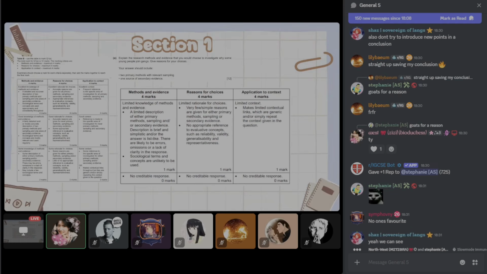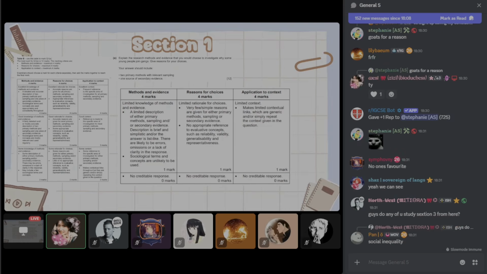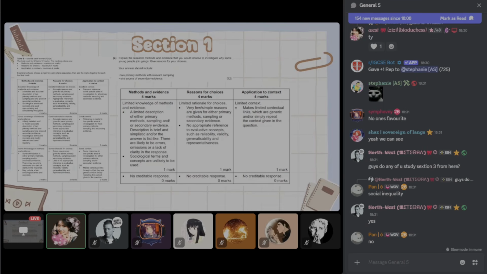If you want to gain full marks, you need to have excellent knowledge of methods and evidence. You need a detailed and accurate description of the primary methods and sampling, and one piece of secondary evidence. Sociological terms and concepts are used appropriately and consistently throughout. For reasons for choices, they need to be accurate, with appropriate references to concepts such as reliability, validity, generalizability, and representativeness.